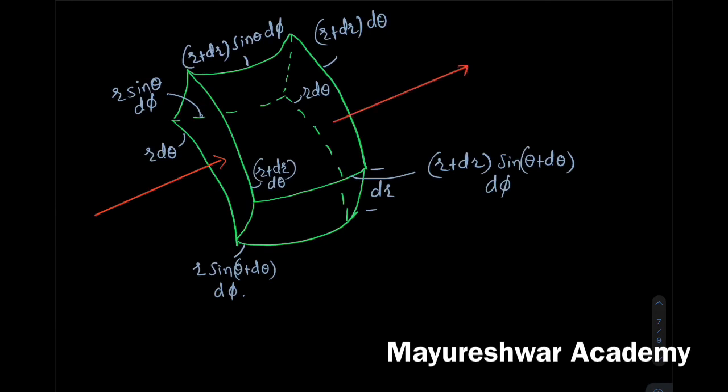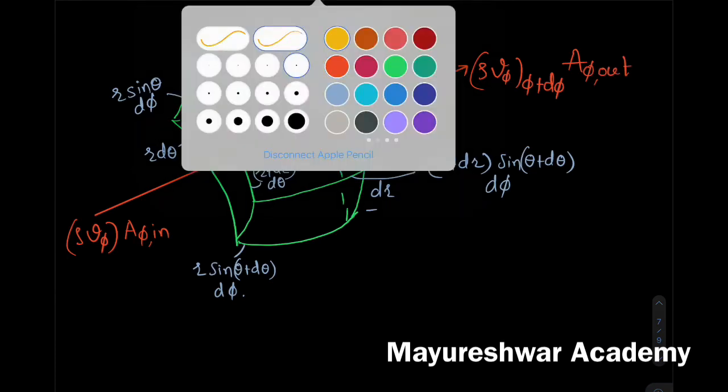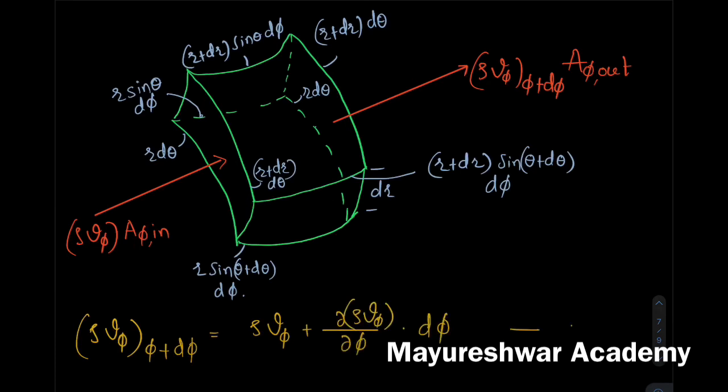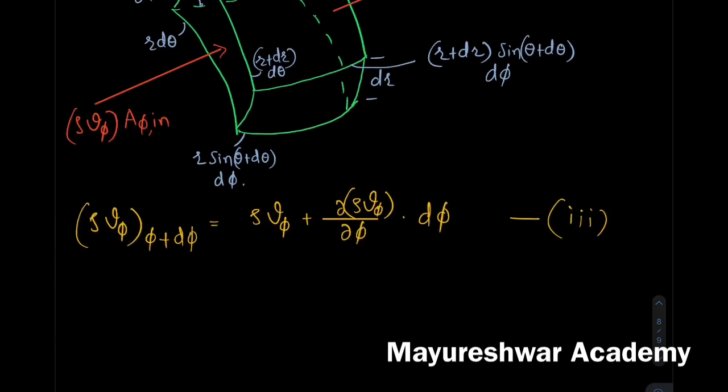So this face is rho v phi into A phi in, and rho v phi at phi plus d phi into the area at phi out. These two areas are identical. Again, rho v phi at phi plus d phi, by Taylor series, is rho v phi plus partial over partial phi of rho v phi into d phi. Let us call this 3.